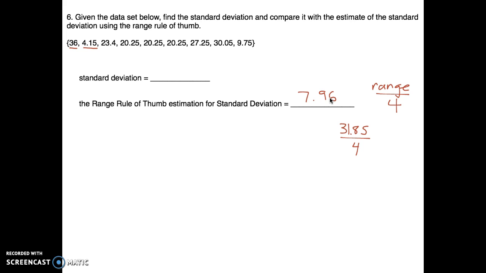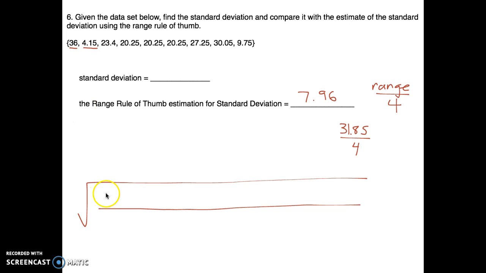So for the standard deviation, there's actually a lot of work involved with it. So we have to go through for every single number. So to do the square root, and then for every number, we've got to do 36 minus the average, which I think is 21.3, and we got to square it, plus we have to go through and do this for every single number. 4.15 minus the average.